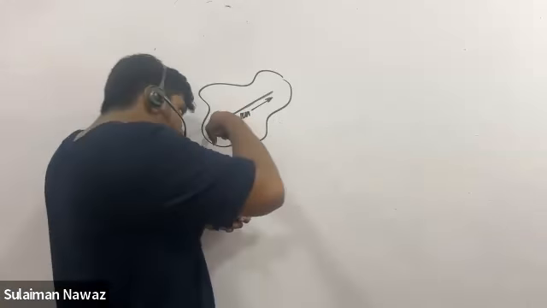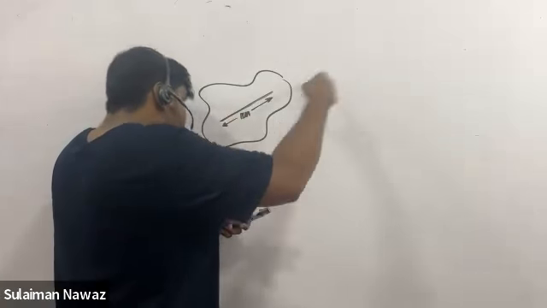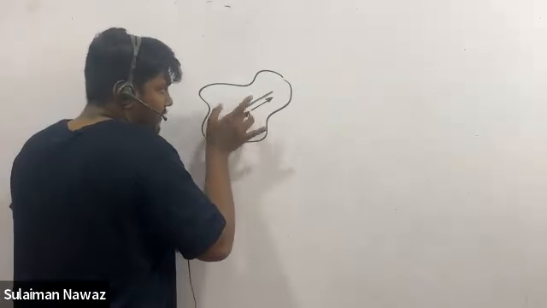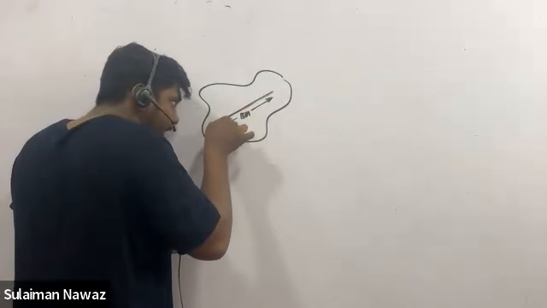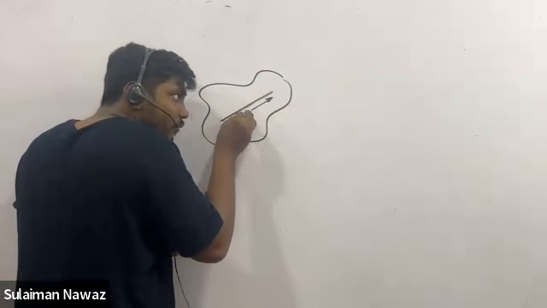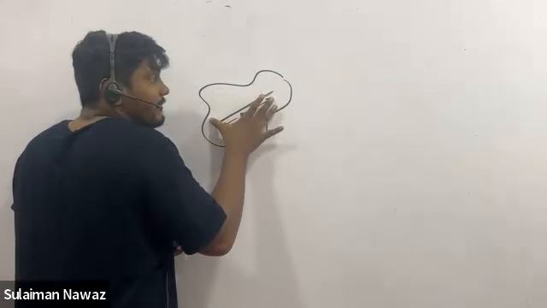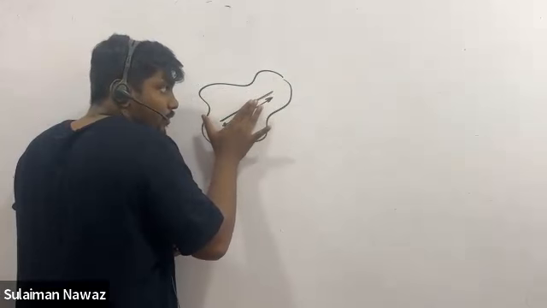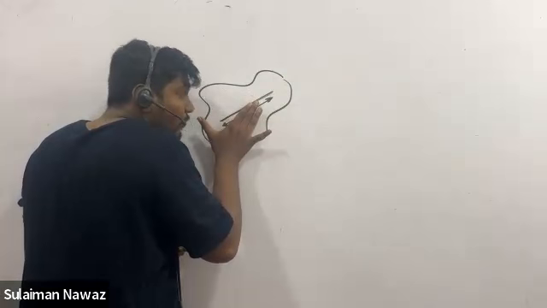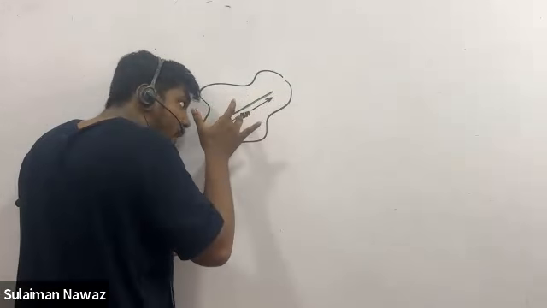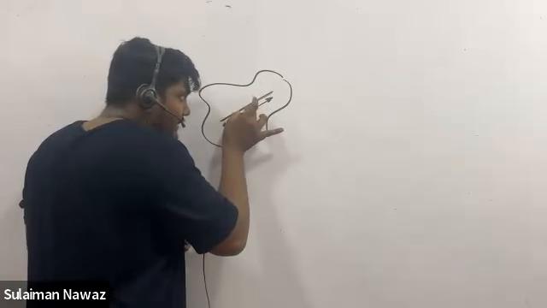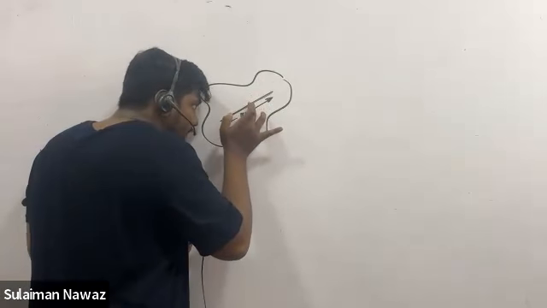So if I draw an imaginary line of 1 meter length on the surface of the liquid, someone tell me, what is the resultant tension force acting on this imaginary line?